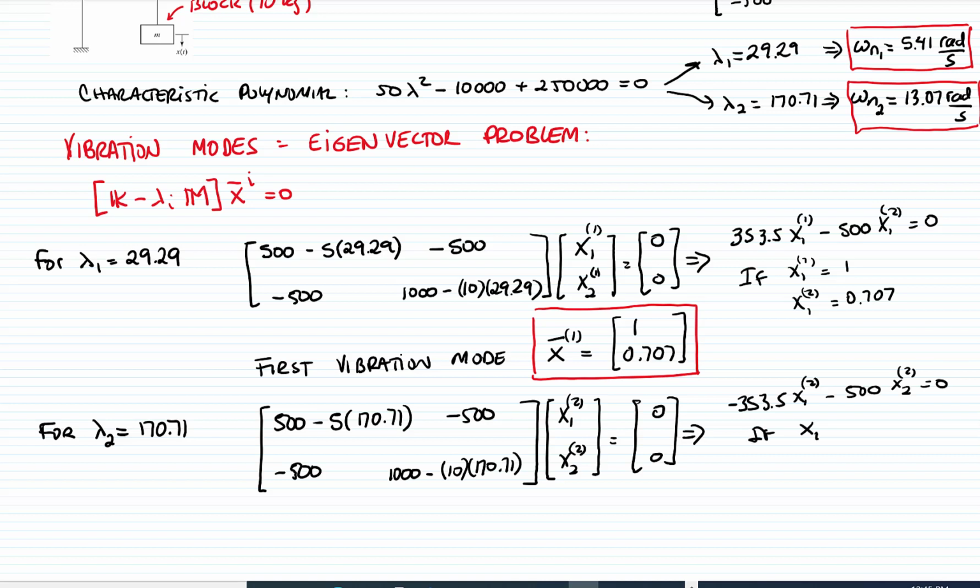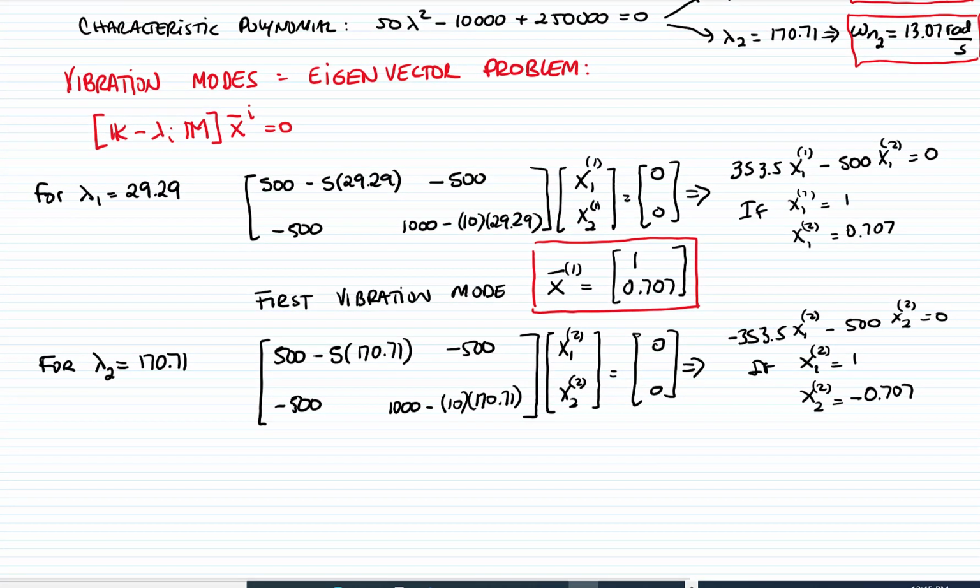Again, I will put the value for x1 equals to 1, and I get that the value for x2 is negative 0.707. Therefore, my second vibration mode is the vector (1, negative 0.707).